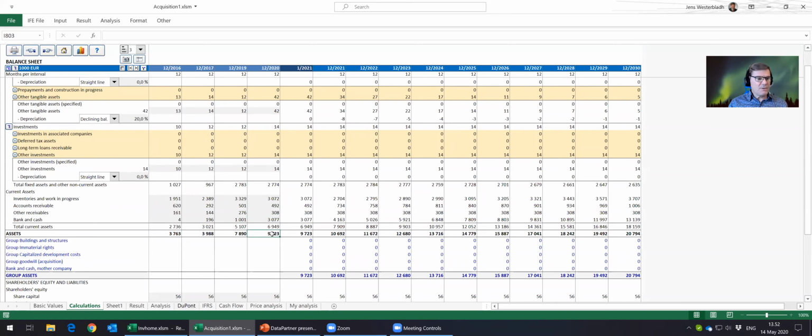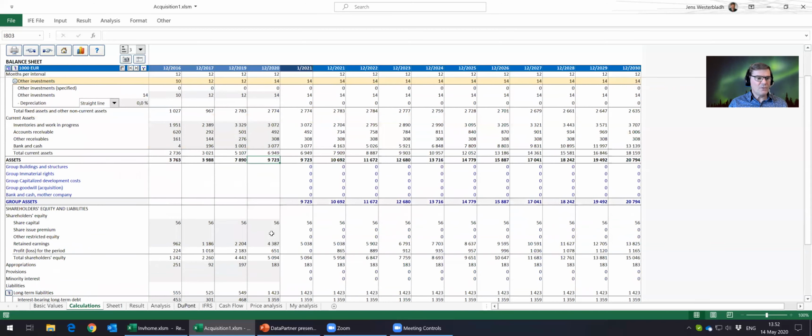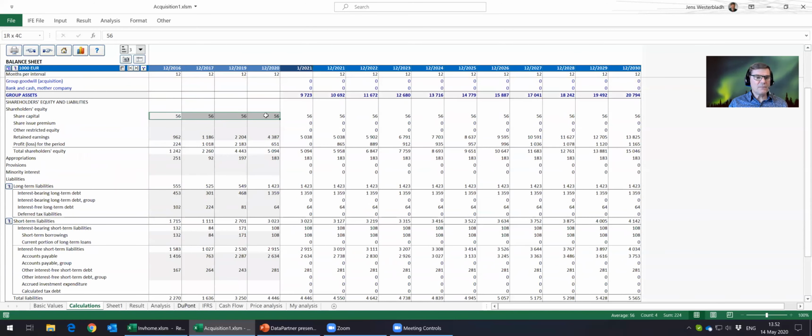So that builds up the assets total, and then we go to the equity and liabilities. So we enter share capital and retained earnings, and then the profit and loss would come automatically from the income statement. That's why the income statement has to be modeled correctly.